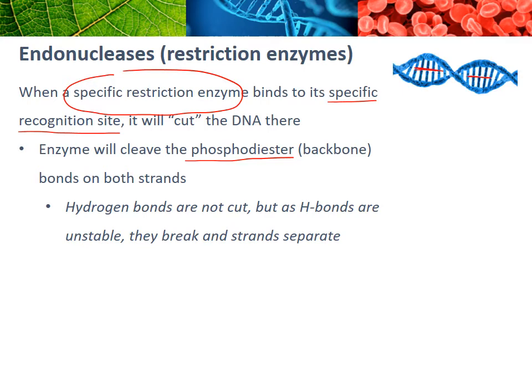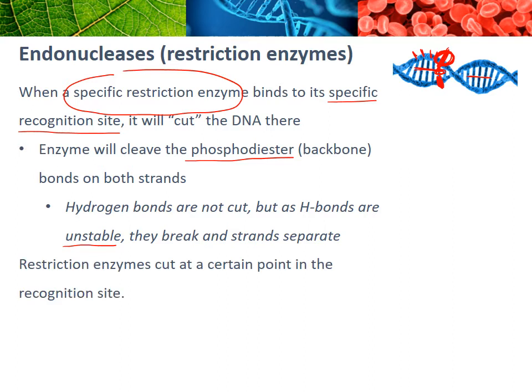We've got our phosphodiester bonds between each nucleotide here. These are the bits that get cut, okay? Not the hydrogen bonds, but it's important to know that hydrogen bonds are unstable. And if we cut here and here, for example, this bond is weak and they will separate, okay?